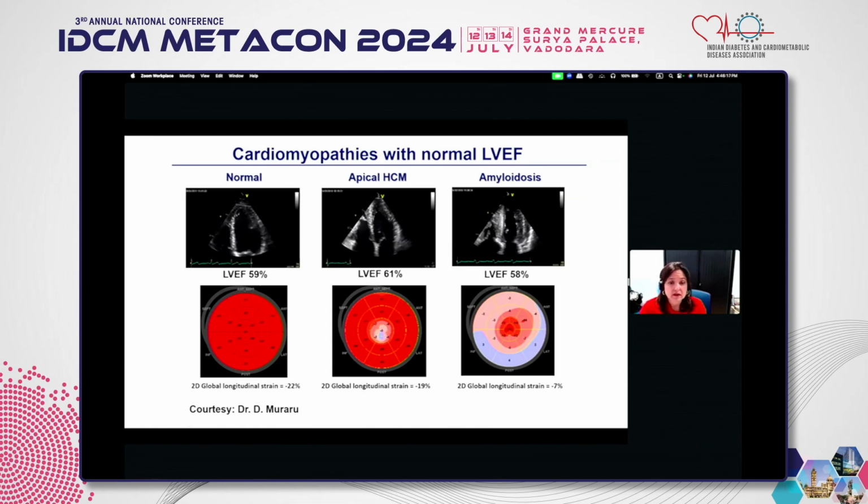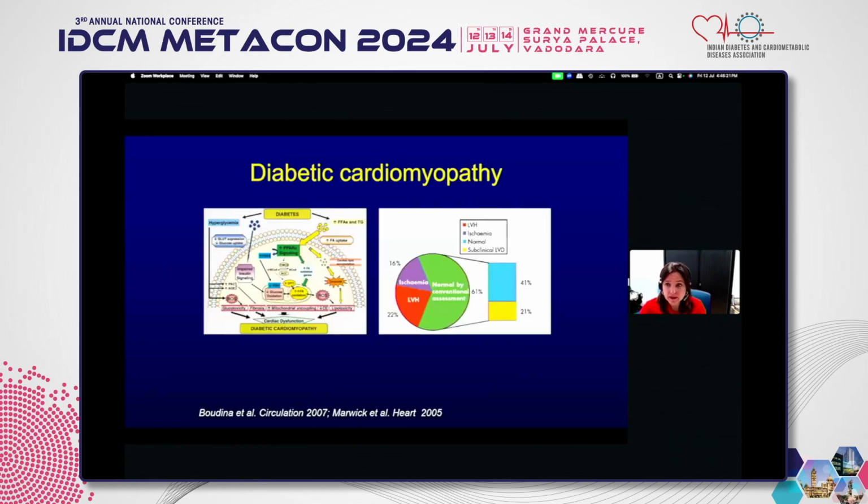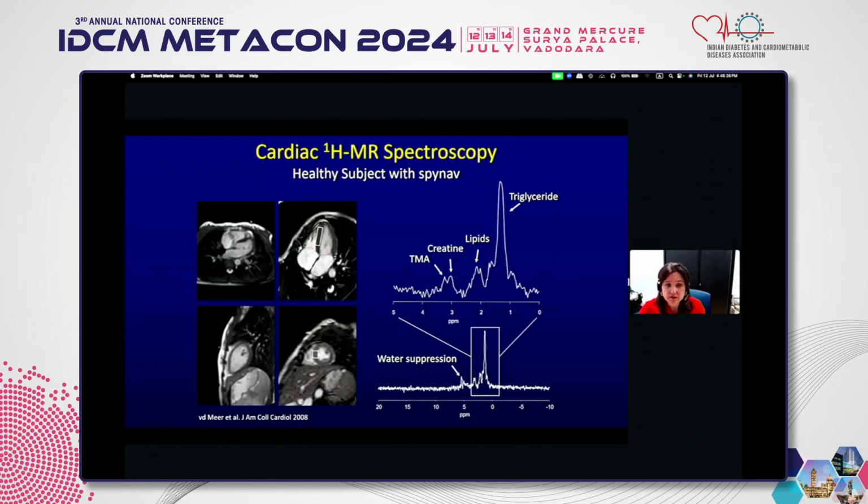Other diseases where maybe you don't have hypertrophy, but you might have myocardial dysfunction, are, for example, in the setting of diabetes. We know that a diabetic cardiomyopathy exists, which has some component of ischemia, but also of direct toxicity, which could be detected, for example, with cardiac MRI spectroscopy that analyzes the amount of triglycerides in the myocardium, which are indeed toxic and lead to cardiomyopathy.